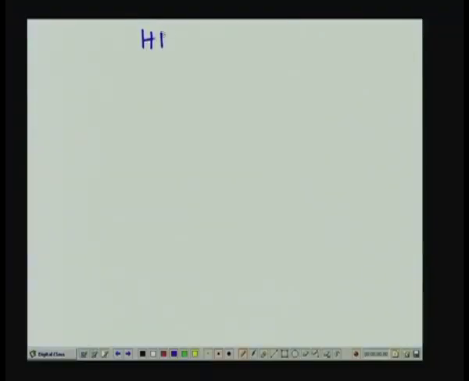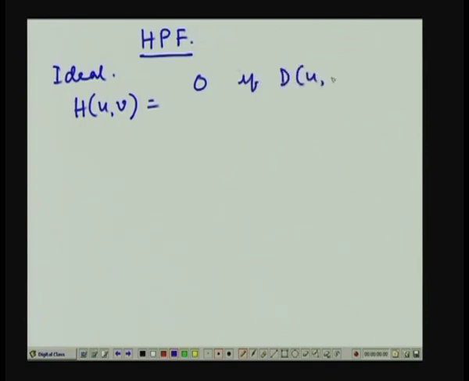Just in the reverse way, we can define the ideal high pass filter as H(u,v) equal to 0 if D(u,v) is less than or equal to D0, and equal to 1 if D(u,v) is greater than D0. So, this is the ideal high pass filter.